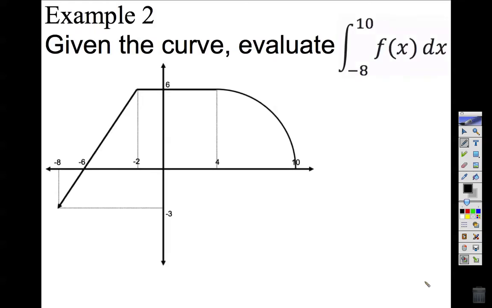So we're going to use areas to understand the first fundamental theorem of calculus, FTC. Earlier we were asked to find the areas under those curves. Now we are asked to evaluate the definite integral from -8 all the way to 10 of f of x dx.